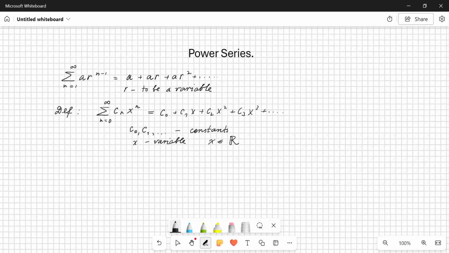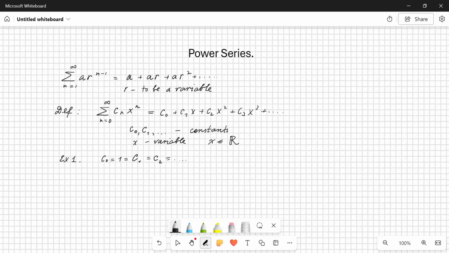Kind of a very strange, interesting series. Let's consider a simple example of such a series. Imagine that all c's are equal to 1. So c0 equals 1, c1 equals 1, c2 equals 1, and all of them are equal to 1.